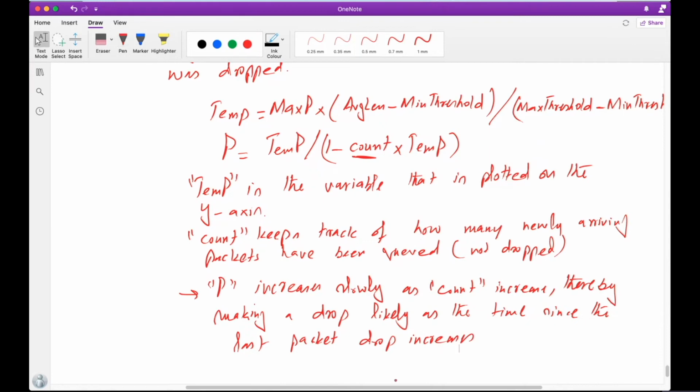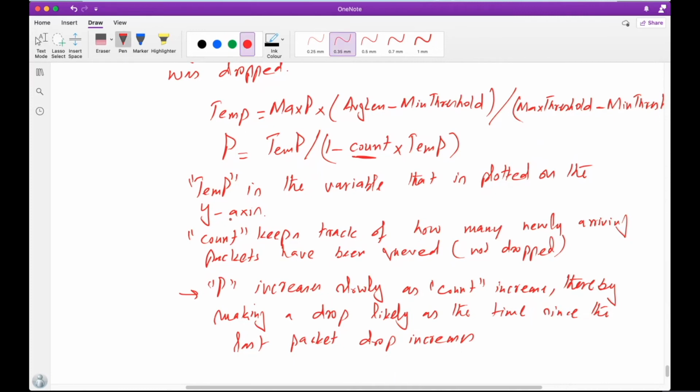Right. So this makes us understand this important point: this makes closely spaced drops less likely than widely spaced drops, right? So the extra step in calculating this P is to avoid drops in clusters.